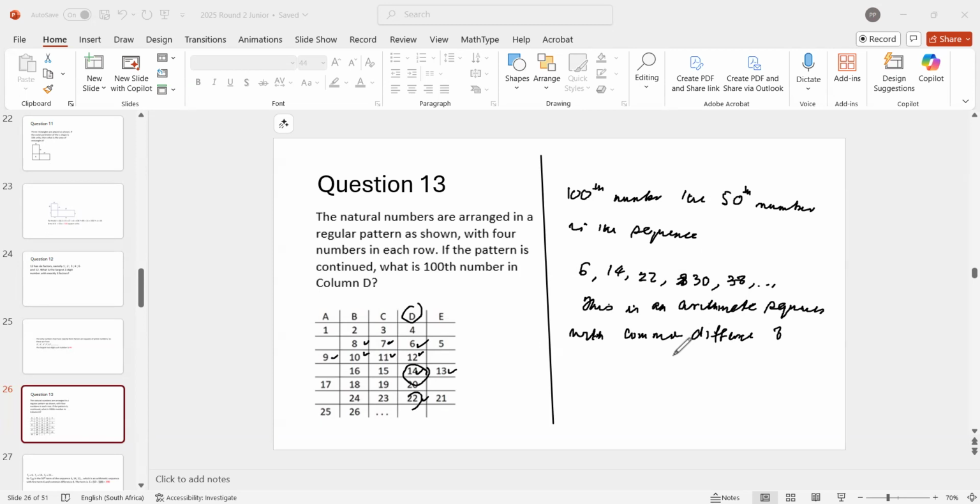Now, you have to look at the theory on this. There's a whole section on arithmetic sequences. And the formula for the nth term.